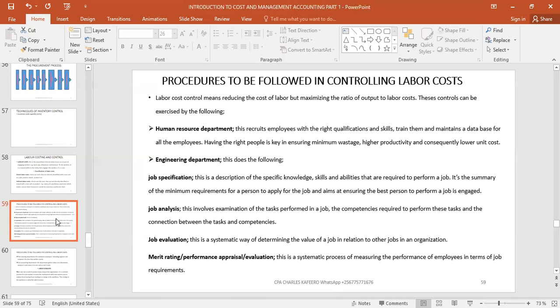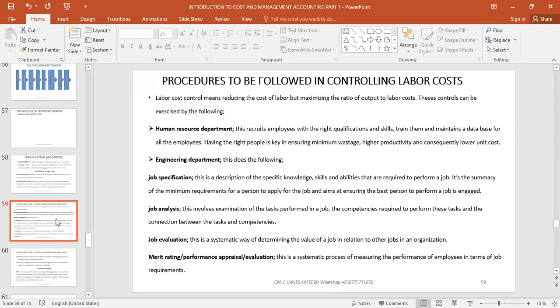Then we compare. When we analyze, we can make a conclusion and say that for the person to apply for this job, they must have, let's say, a degree in accounting or a CPA, depending on the nature of the job you're applying for.